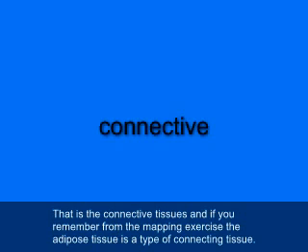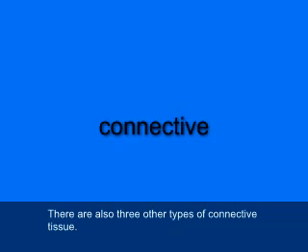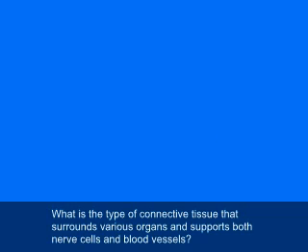That's the connective tissues. And if you remember from the mapping exercise, the adipose tissue is a type of connective tissue. There's also three other types of connective tissue. What is the type of connective tissue that surrounds various organs and supports both nerve cells and blood vessels? That's the loose connective tissue.